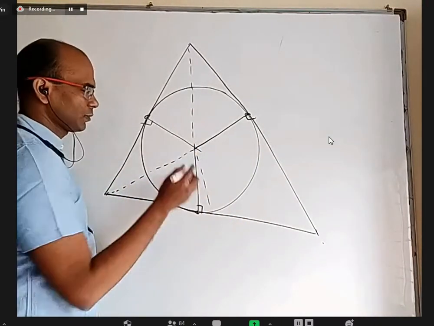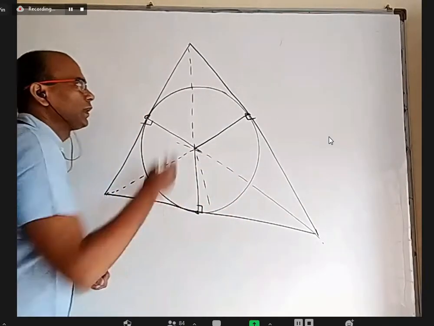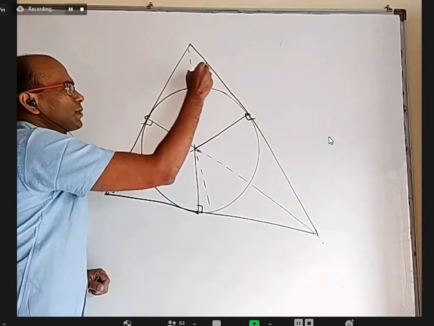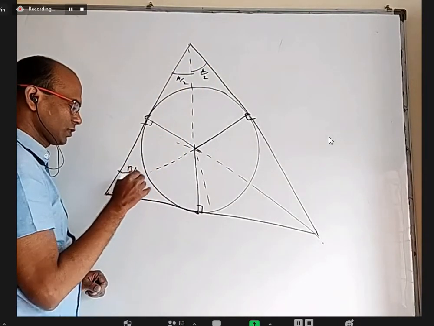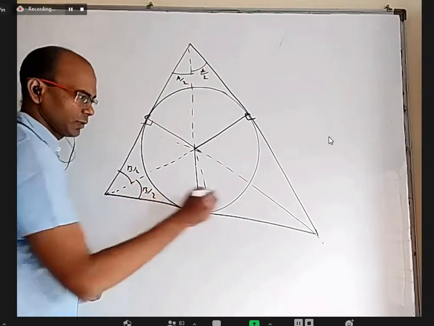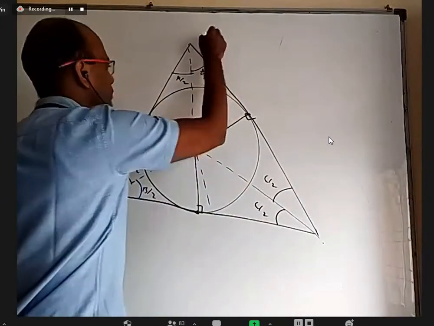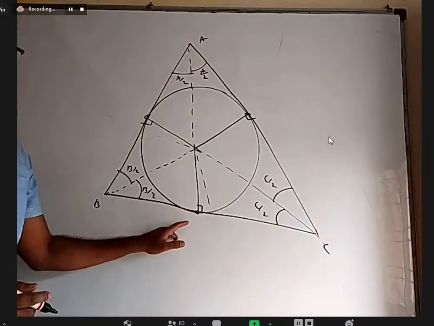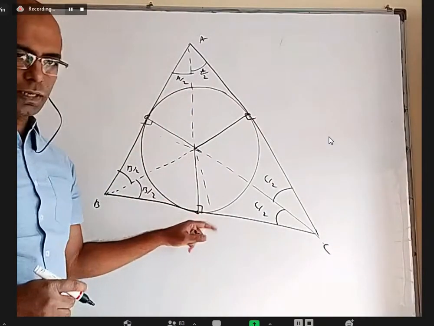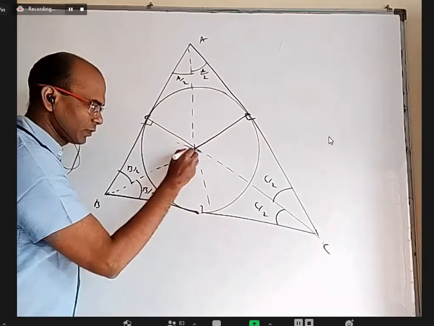This is an angular bisector where this is A by 2 and A by 2. This is an angular bisector where this is B by 2 and B by 2. This is C by 2 and C by 2. This point is not where the angular bisector is meeting the base. This is just the perpendicular from here.